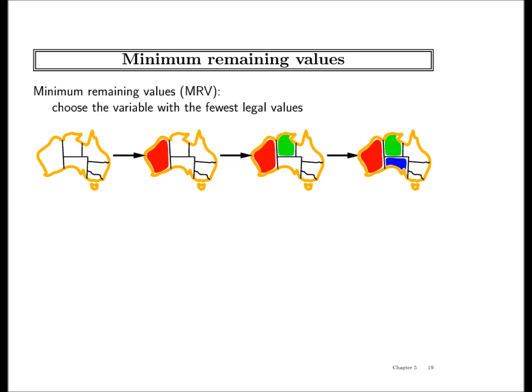How many values do we have for Queensland, yes? Still 3, right? So clearly, if we followed this heuristic, we should assign one of these 2. Let's suppose we assign Northern Territory. Then this one has only 1 remaining value. So we have to assign this one.